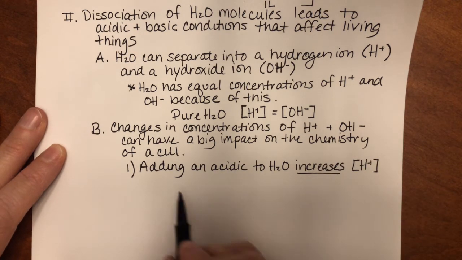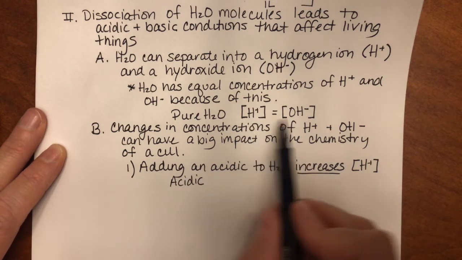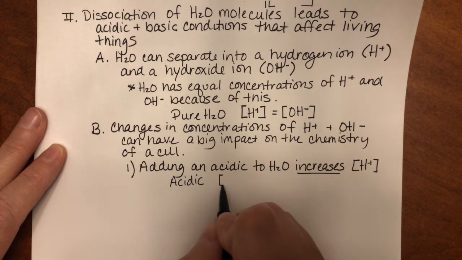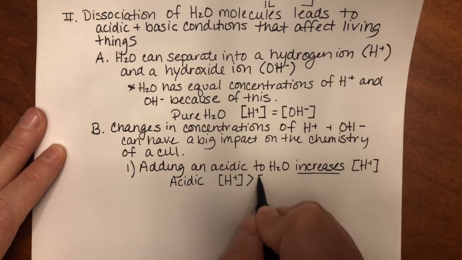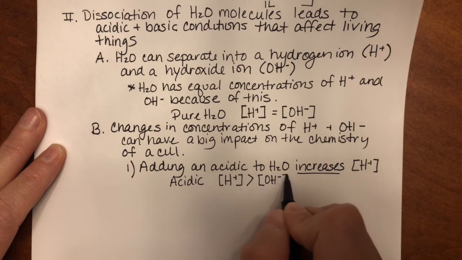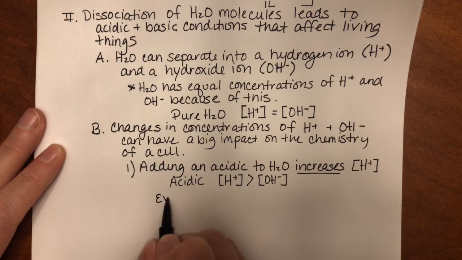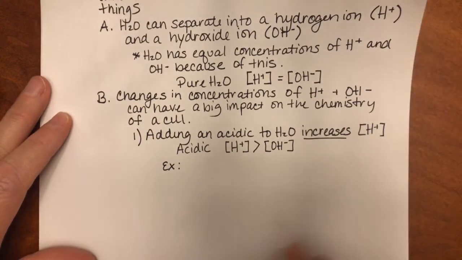And how does that work? If something is acidic, instead of the H pluses and OH negatives being equal, the concentration of the hydrogen ion is greater than the concentration of the hydroxide ion. So it's uneven.